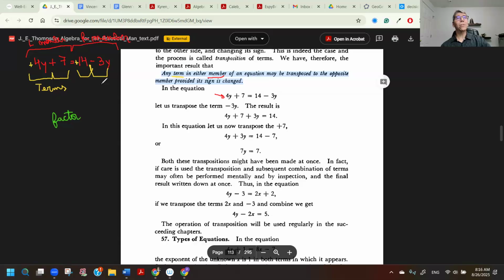What are the factors? Think: the equal sign separates the members, the plus and minus sign separates the terms. What do you think could separate the factors? Or what are the factors?